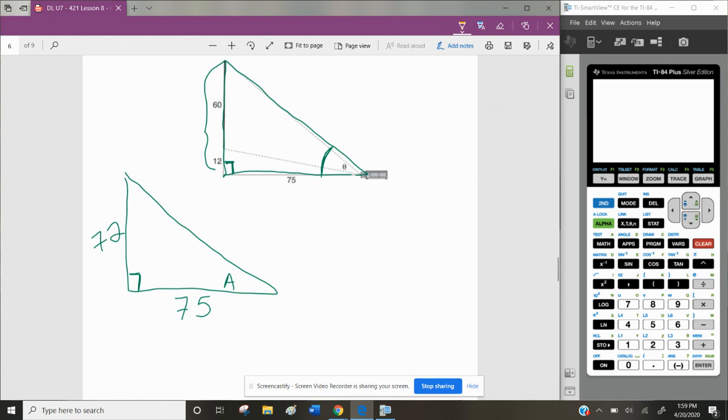So now if I'm still looking here, here's another right triangle. That one's got a smaller angle, so I'm going to call that smaller angle B. That's just from here to here, and the opposite side of that is 12. So again, I'm looking for this theta piece right here.